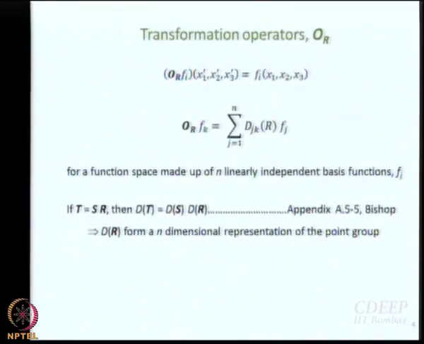So, there if I take any function, so that T equal to SR, what I am saying is that you take the corresponding transformation matrices, multiply them, the transformation matrices will also form the same group multiplication law. You will get the same table if you use the matrices without knowing what is the change. So, first work out the matrices and then without looking at the molecule, just perform matrix multiplication, you will get the same multiplication table, right. So, the matrices themselves form a representation of the group. Are you okay with that? If there is a question, please ask.